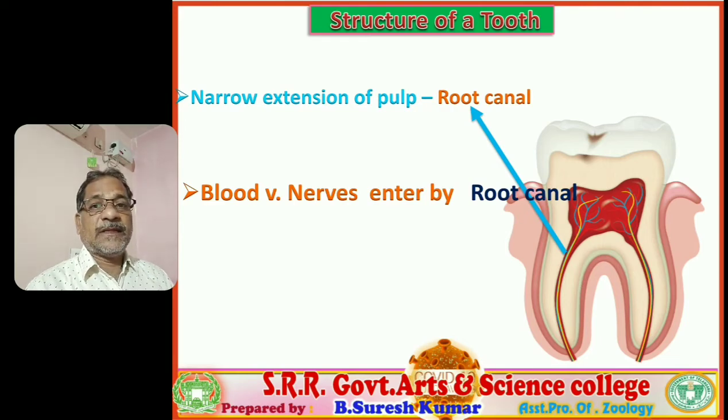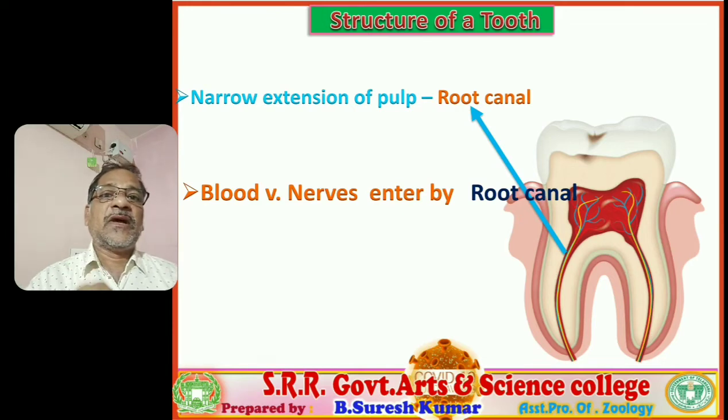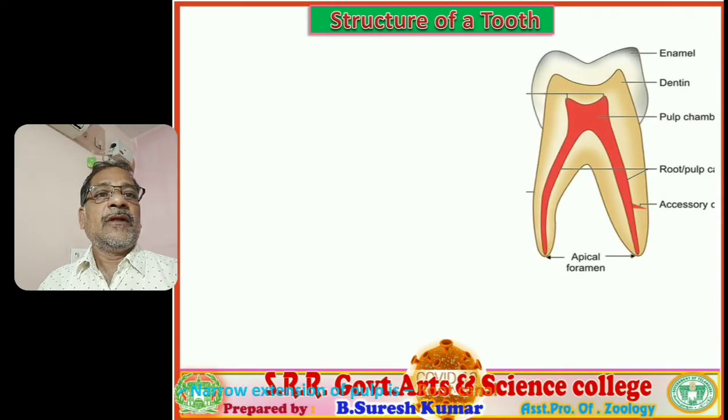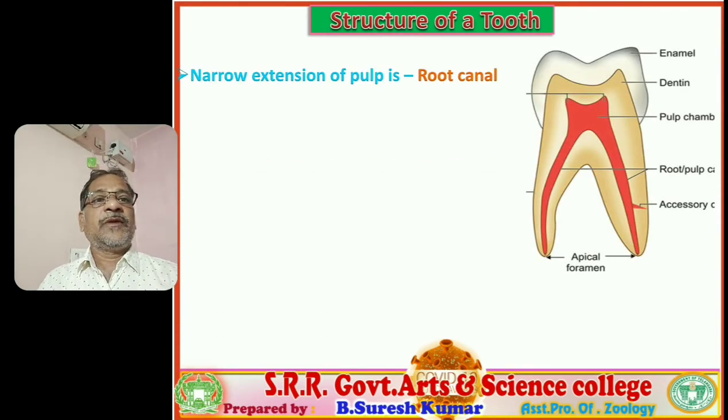The blood vessels and nerves all enter into the pulp cavity through the root canal. Suppose if root canal is absent, the teeth unable to receive all these things. So that's why it is a passage, a channel by which the blood vessels and nerves enter into the pulp cavity.